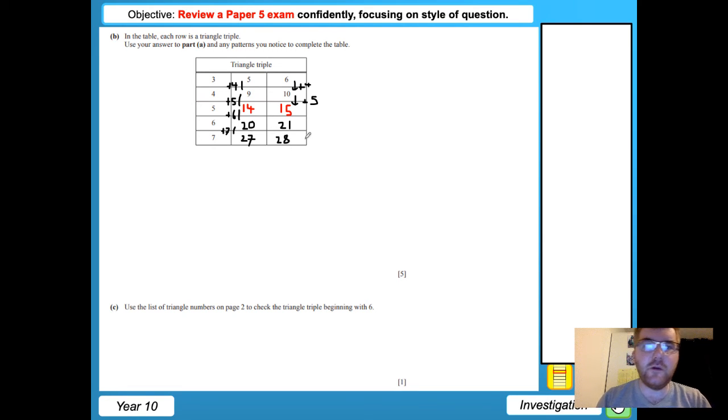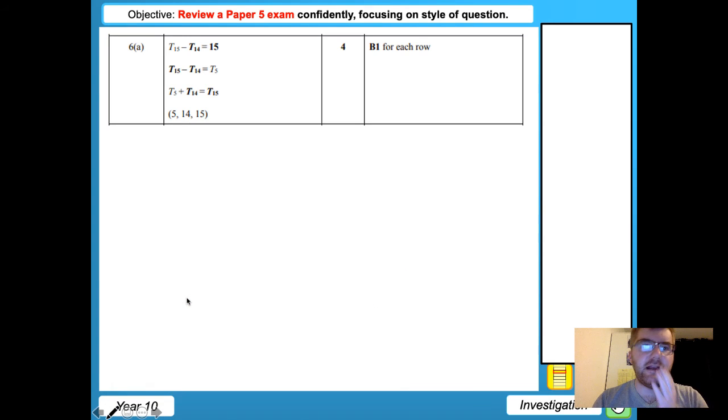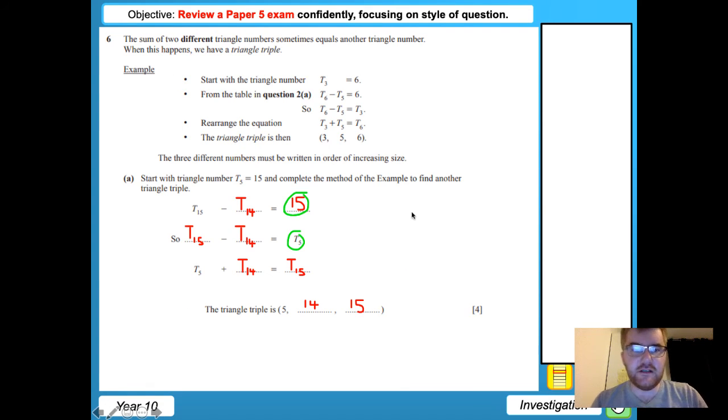If we take the one we just did, so if we take 6, 20 and 21, let's just take this example here, and we go back and think about the algorithm that we can actually use in order to work that out.